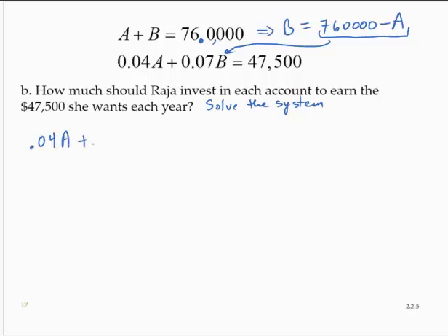0.04A plus 0.07 times, notice how I'm using parentheses now for the substitution, 760,000 minus A is equal to 47,500.